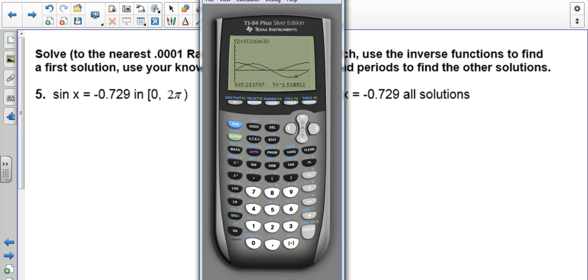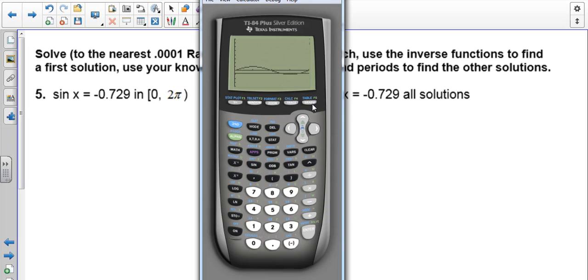What mode should we be in? Good job. We're going to be in radians. Okay.